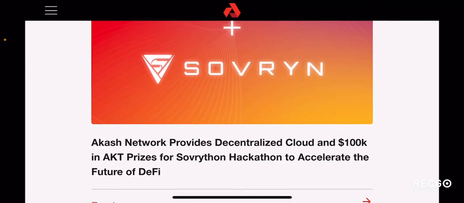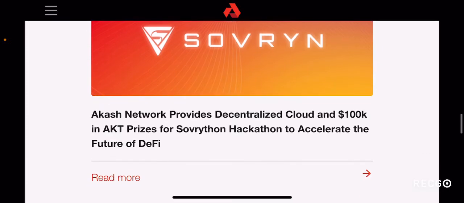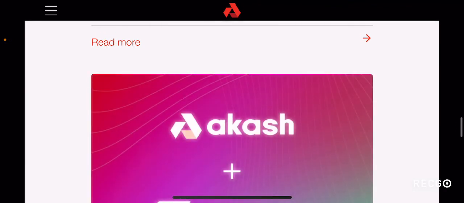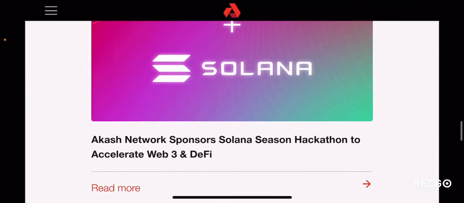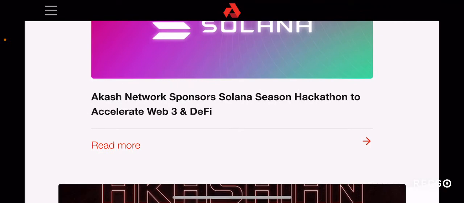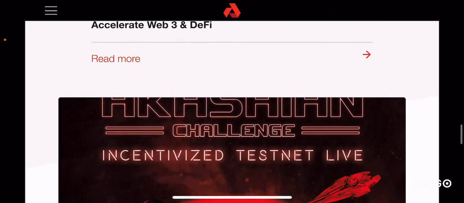Akash network provides decentralized cloud and 100k in AKT prizes for the Sovereign-thon hackathon to accelerate the future of DeFi. Again, they are partnering with several projects in order to improve the DeFi ecosystem. Akash plus Solana. Akash network sponsors the Solana season hackathon to accelerate Web3 and DeFi. So again, it's also very interesting.